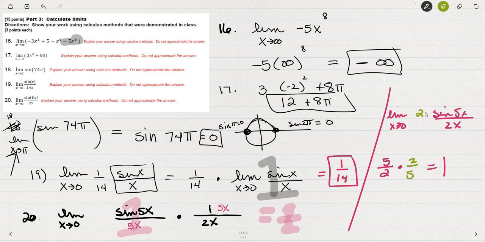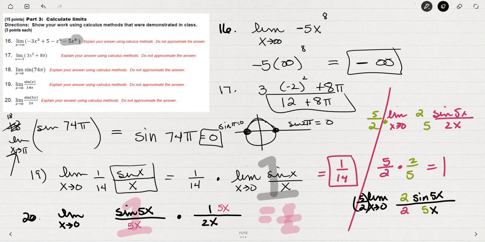So if I multiply this by 2 over 5 and then counter that with a 5 over 2, it's going to give us the same result also. So try that a little bit more, practice it, look at the other examples that we have, and I think you'll see it work out.